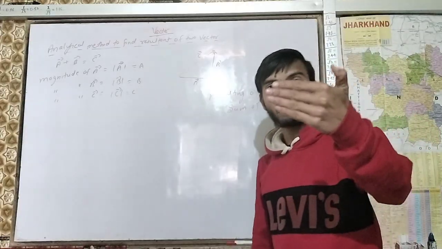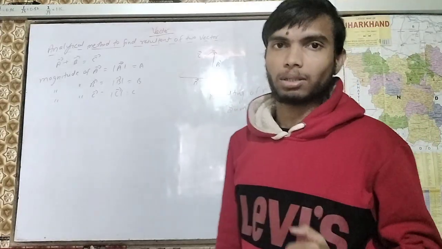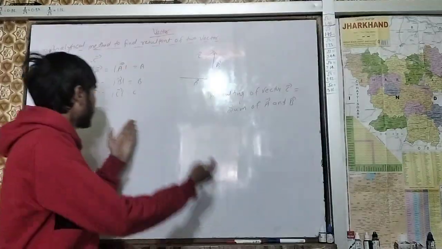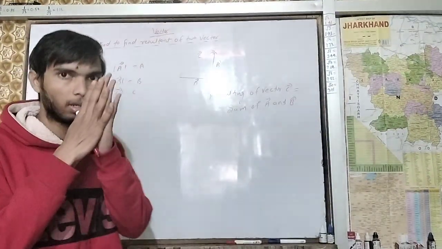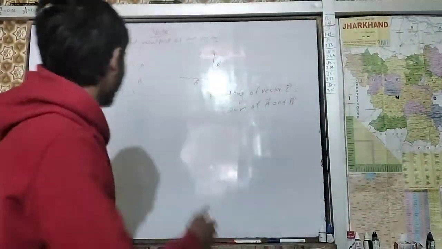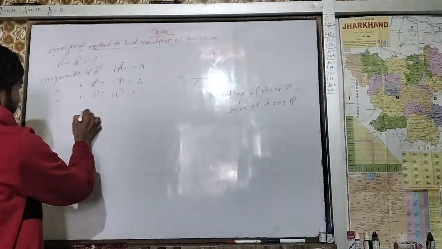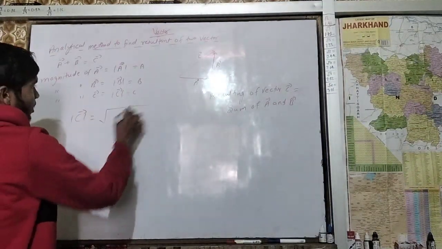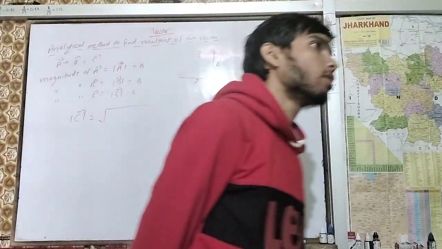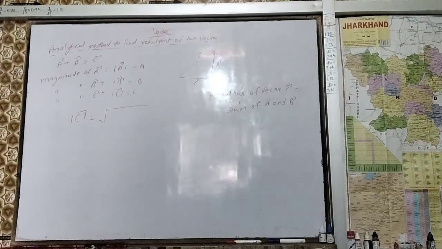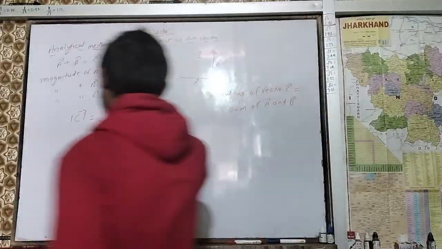If you want only magnitude, not a direction, then you can use a formula. This is equal to the square root of A square plus B square plus 2AB cos theta. So there is a formula.